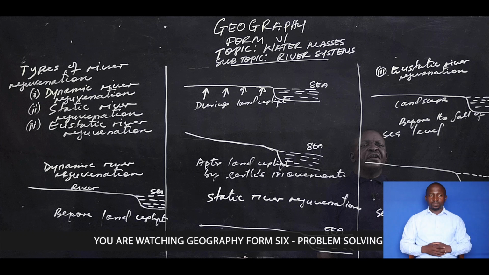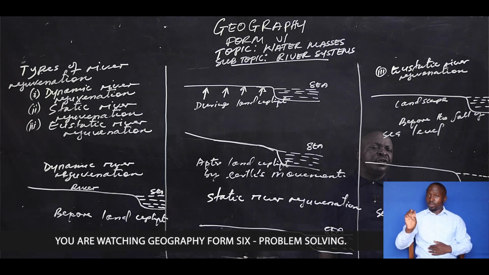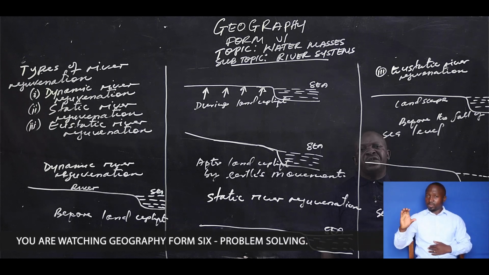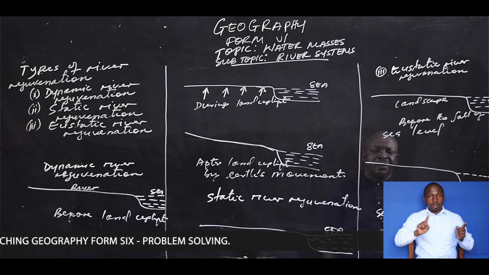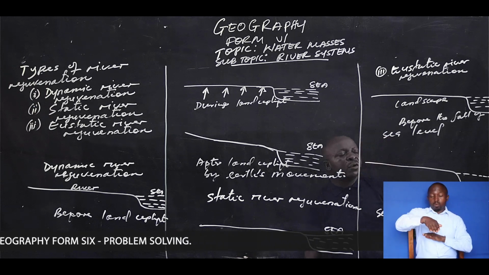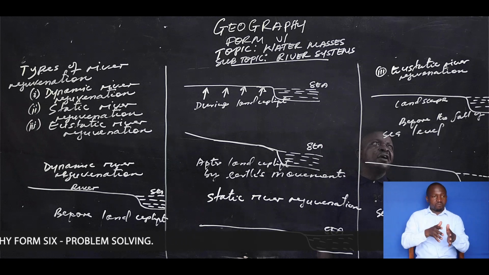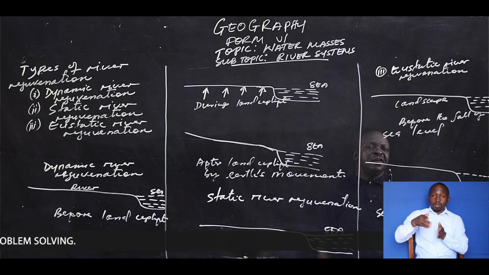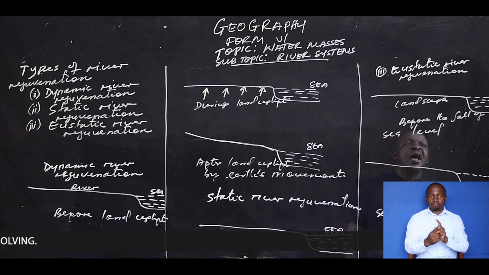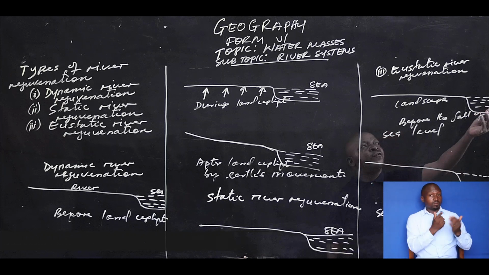Eustatic river rejuvenation occurs without significant change of water flow gradient. Also, the volume of water in the river system does not change. Instead, it occurs as sea level falls.